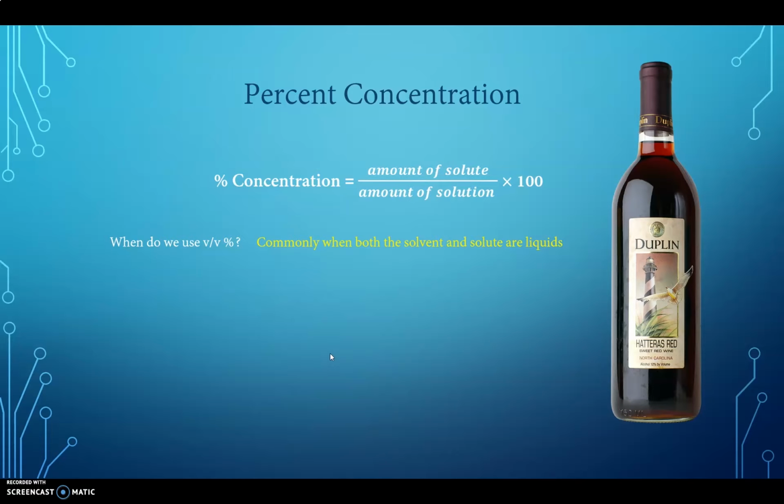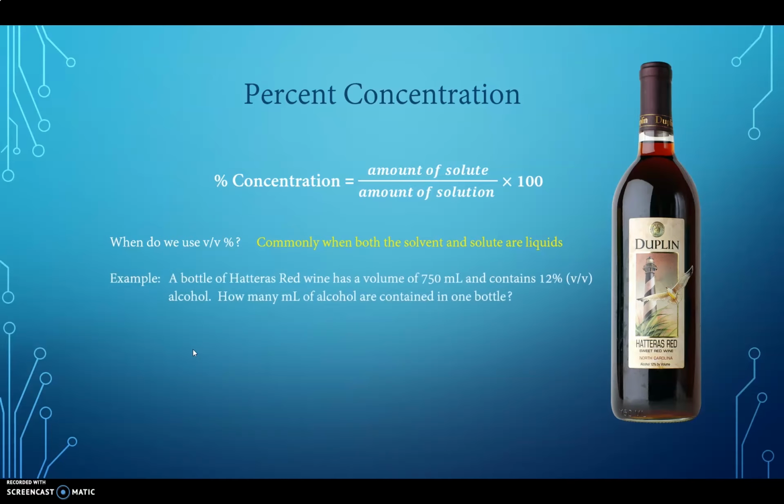Now, in addition to just calculating these percentages, you can use a percent as a conversion factor because these percentages are in fractions, so they're in the same form as a normal conversion. So for example, if we had this bottle of red wine and we knew that it contained 750 milliliters of wine and we wanted to know how much alcohol was in there, we could use this percentage as a conversion to calculate that.